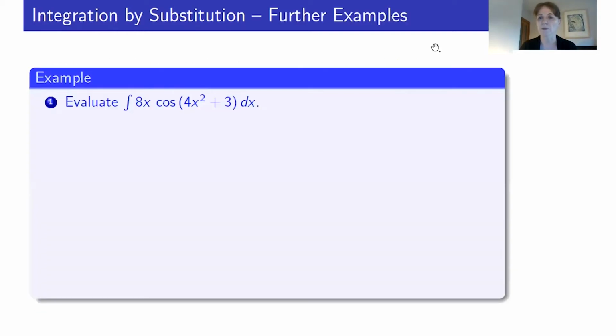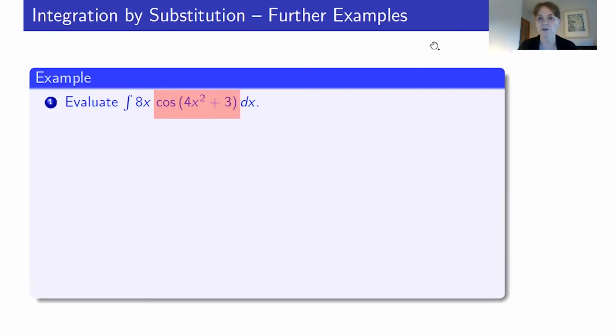So let's look at some other examples, ones where the functions maybe look more involved. Suppose we wanted to evaluate the integral of 8x times cos of 4x squared plus 3, with respect to x. Again, what we have here is a composition of functions, cos of 4x squared plus 3.